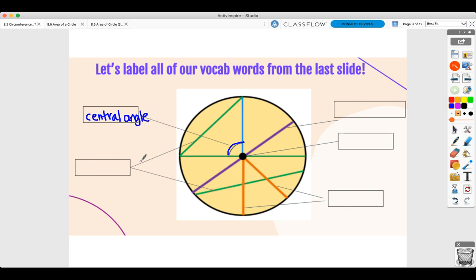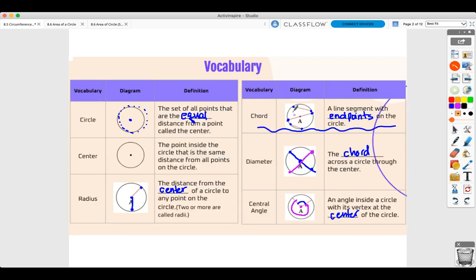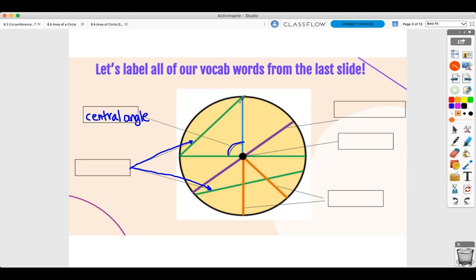This one over here is pointing to here and here, the two green ones. If you go back over here, those are this right here. It's a chord. The endpoints of this and this are on the circle. So this is a chord. This is pointing to the green one.